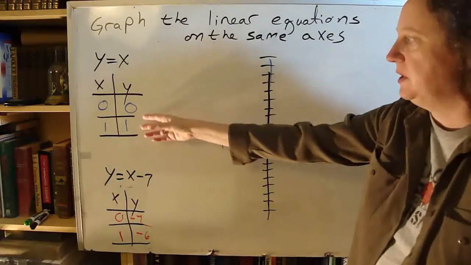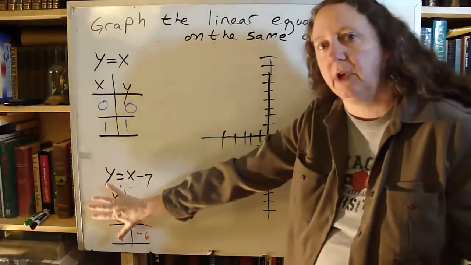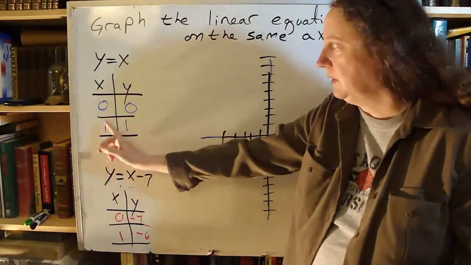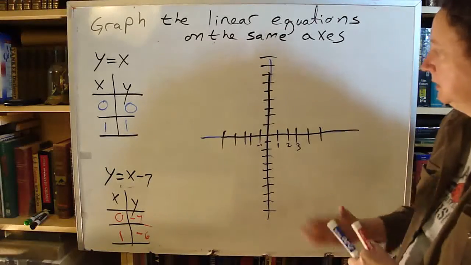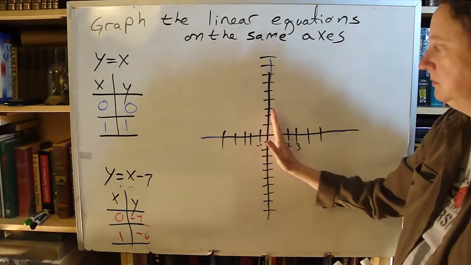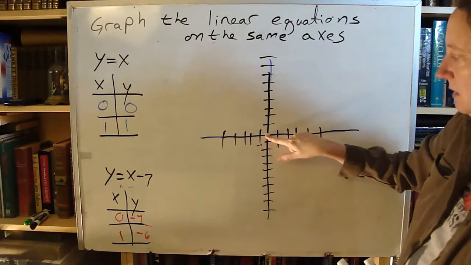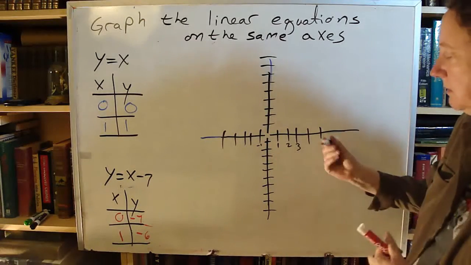Graphing my first equation, I'm going to completely ignore that second equation down there and work only with the first one. So I have 0, 0. Go left, right, 0. Go up, down, 0. My first dot is going to be right there at the origin.